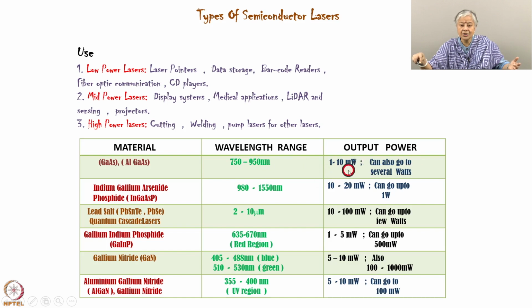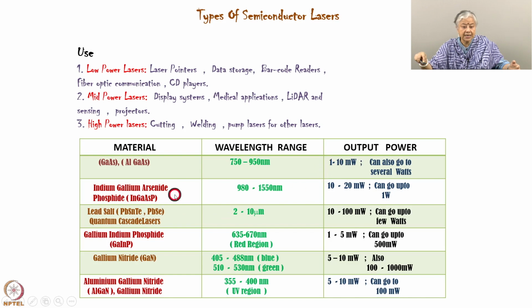You will get a low power like this very naturally without doing anything special for the cooling system of the laser, but it can also go up to several watts when you put in all these extra systems to cool that laser or do a separate kind of doping of the material. But this will be the most natural output power.